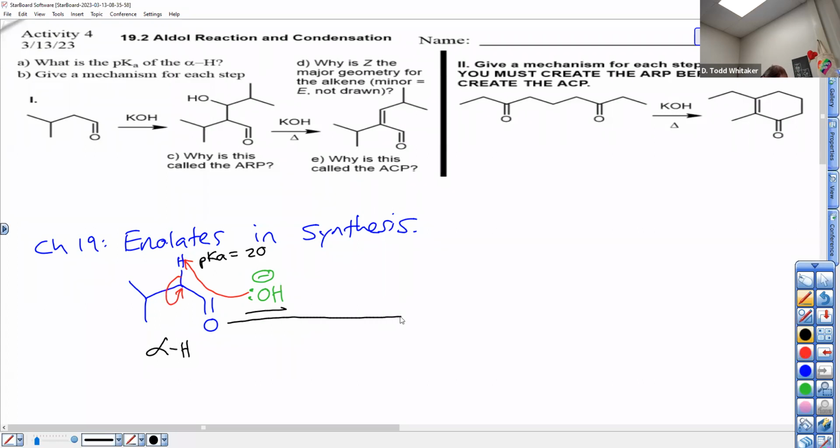What's that mean? Why is this called an unfavorable equilibrium? If this is my desired molecule on the right, I'm going from 20 to 16. HOH, 16. That is not good news.